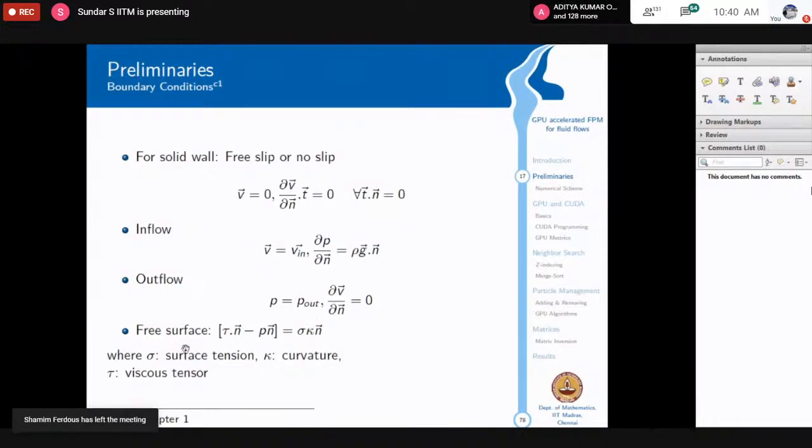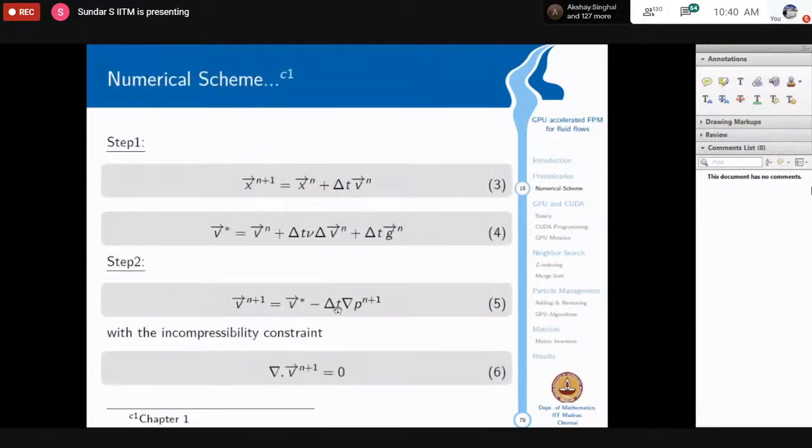On the free surface, because the sloshing problem needs a free surface, tau dot n minus P n equals sigma kappa n, where sigma is surface tension, kappa is the curvature, and tau is the viscous tensor. According to each problem, we may have to use a combination of these boundary conditions. Not every problem needs all of them.